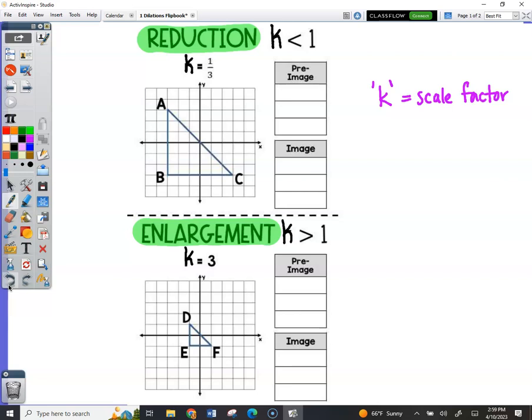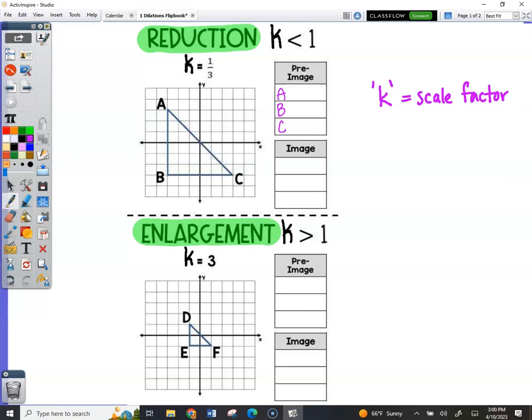You have an example of each on here. You have a little chart to fill in with your coordinate points. We need to fill in the actual pre-image points. Remember, the pre-image is the one you start with. So we have A, B, and C, and we need to write the coordinate points for A, B, and C.